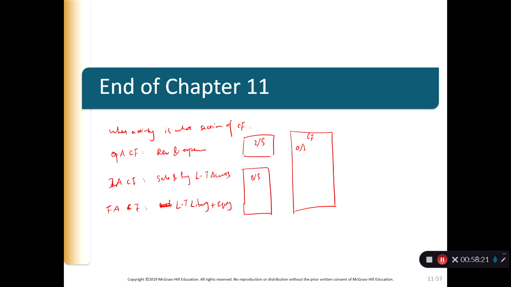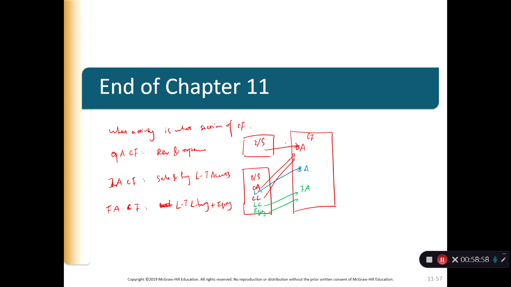For operating activity, it all comes from here and several items here, so current assets and current liability, right? For investing activity, it comes from long-term assets. Sorry, current assets. For financing activity, it comes from long-term liability and equity, right?